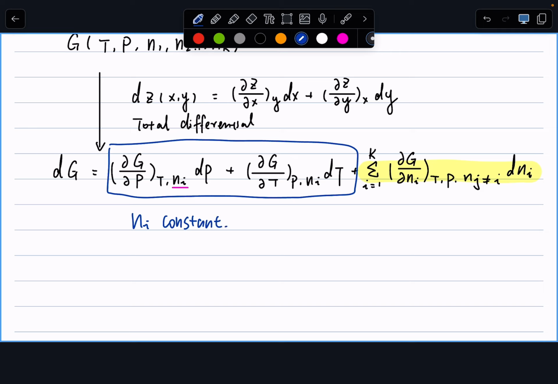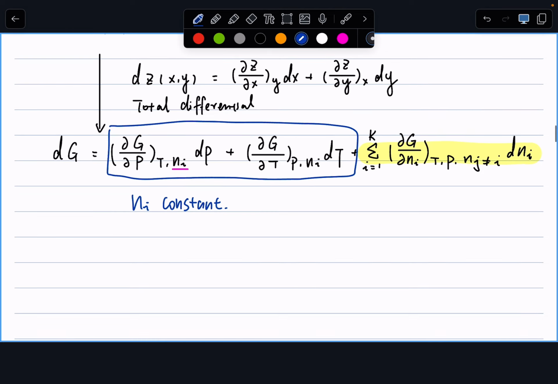So that relates back to the derivation we did in our previous cases, that we can write the partial derivative of G over T at constant pressure and constant Ni to be equal to negative S. Likewise, dG over dP at constant temperature and Ni equals V. That's the one we derived in our previous lecture. The reason we can do it is that, by writing out the total differential, we know that Ni is constant in these two terms in front.